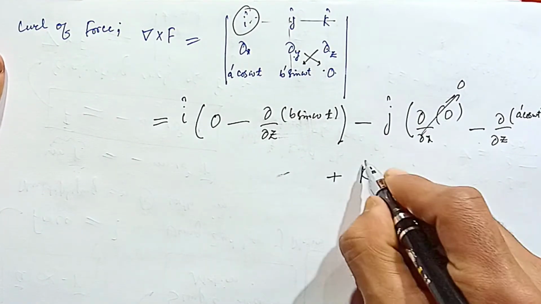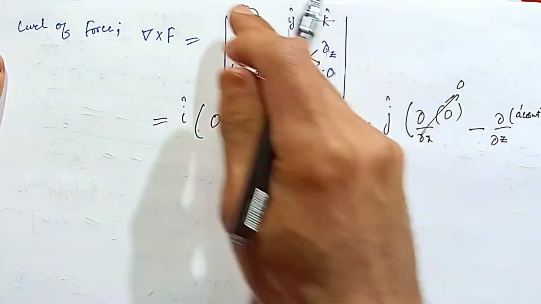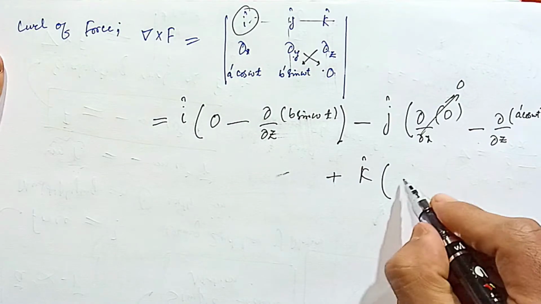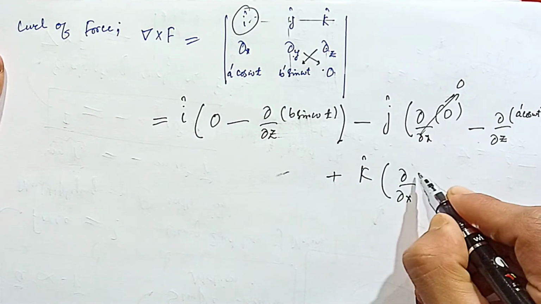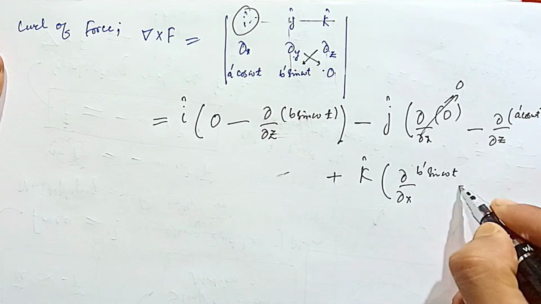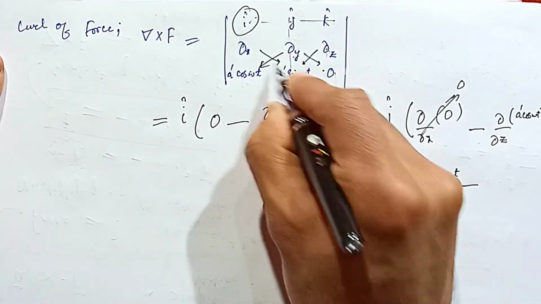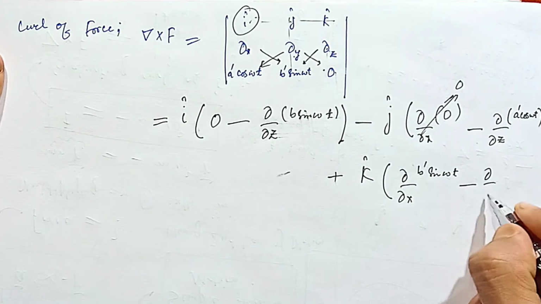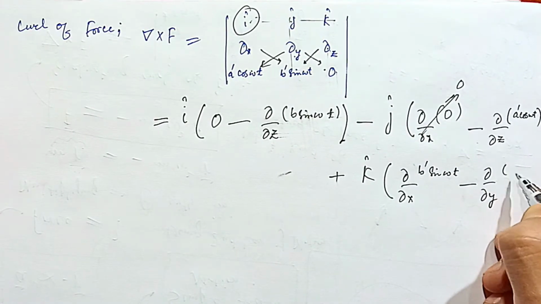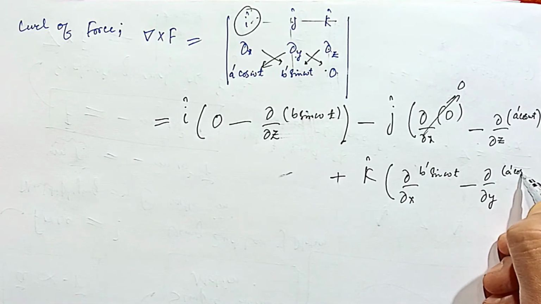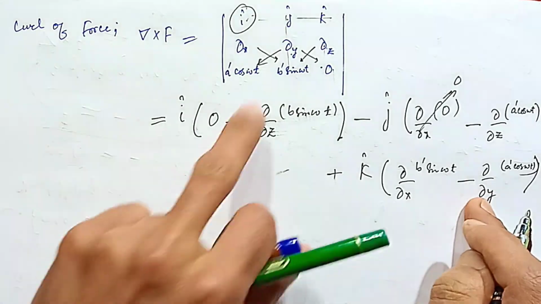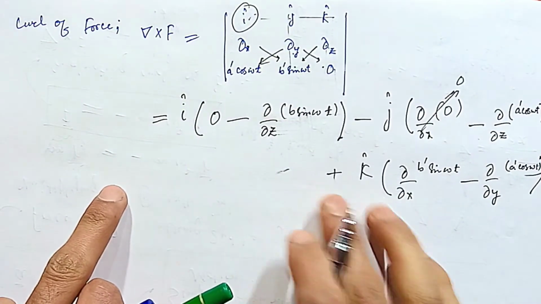Similarly with the k term, we get partial x of b prime sine omega t minus partial by partial y of a prime cosine omega t. Hope you are getting this.